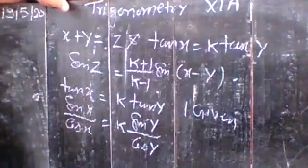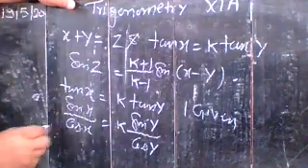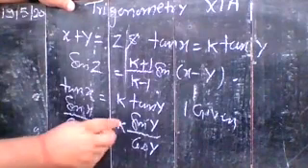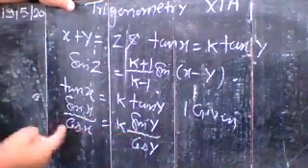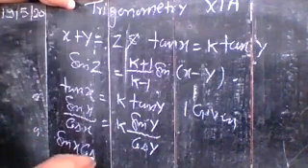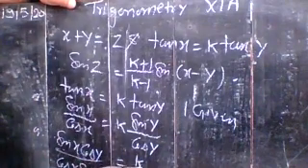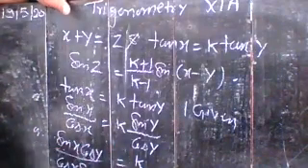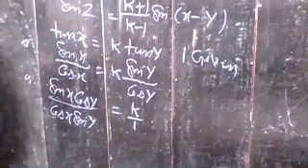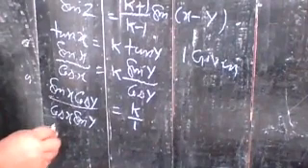This can also be written, transferring all the terms of the right side to the left side, as sin x cos y upon cos x sin y is equal to k. And k means k upon 1. Now you apply the componendo dividendo rule.